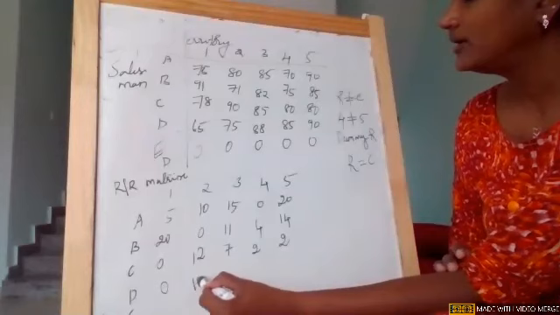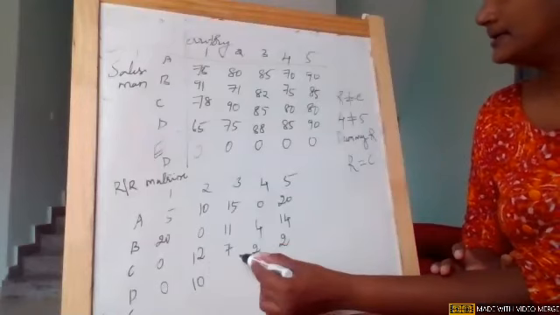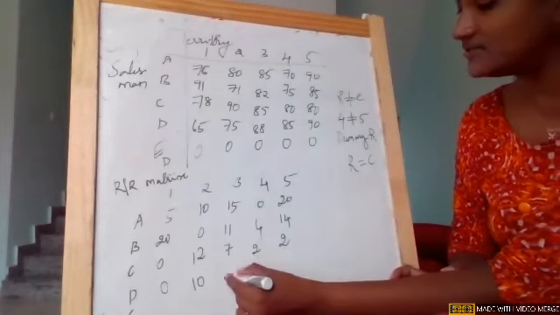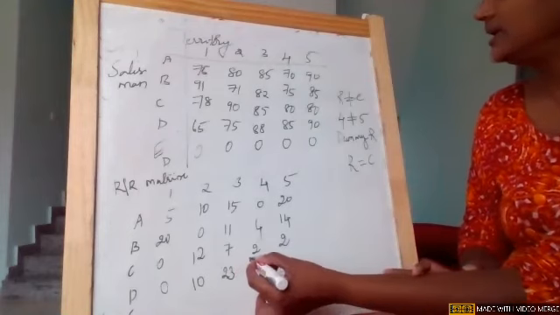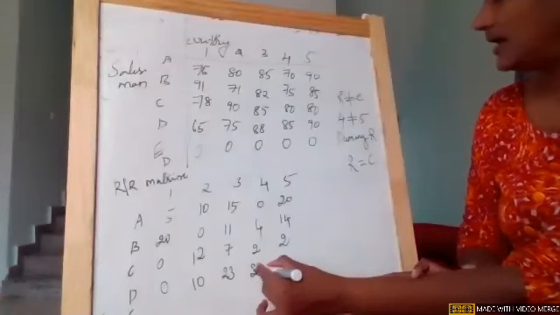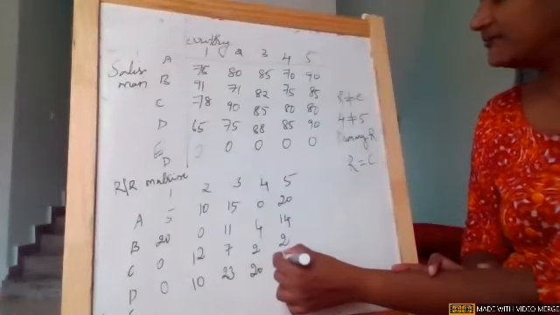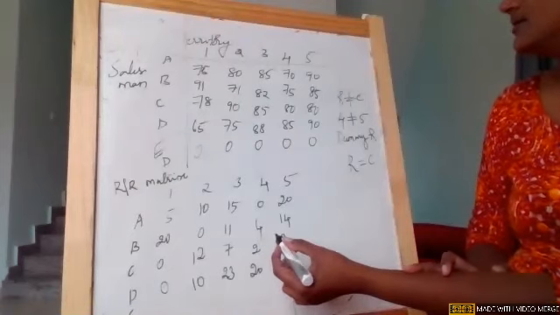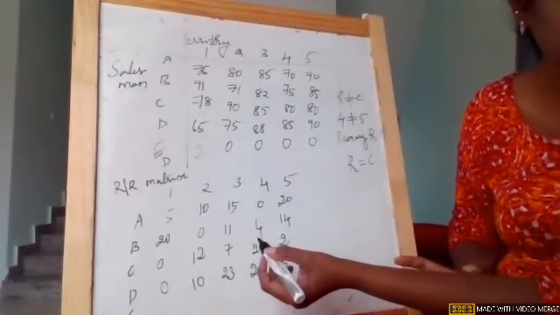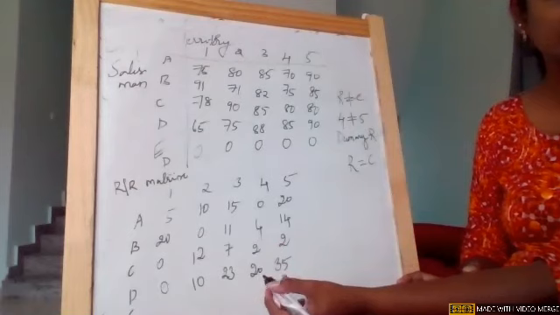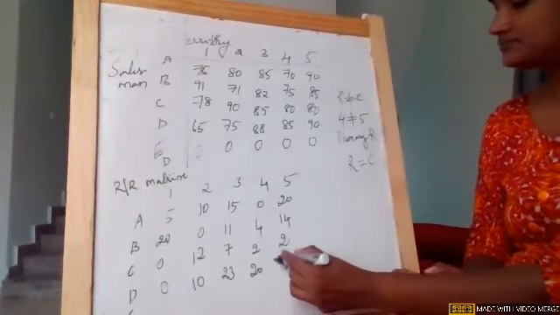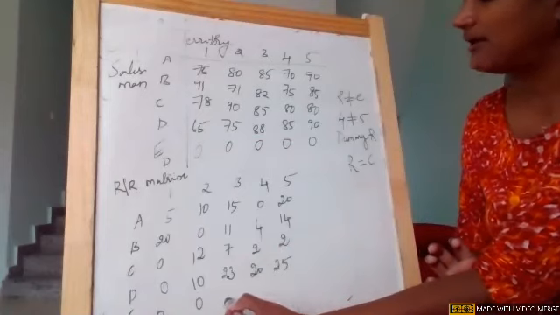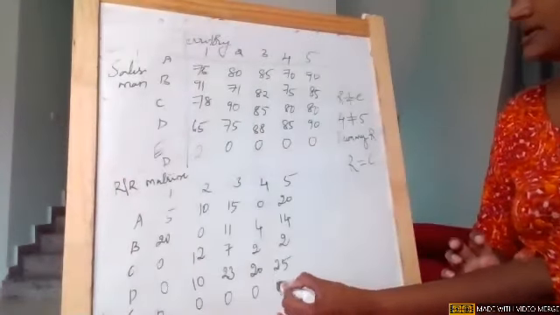So 0, 10, and again 65. Certain times easy things will not come. 23 and 20 and 35. Check it out, girls. 90 minus 65 is 25. The last one is the dummy row. All values are 0, so no change in that particular row.